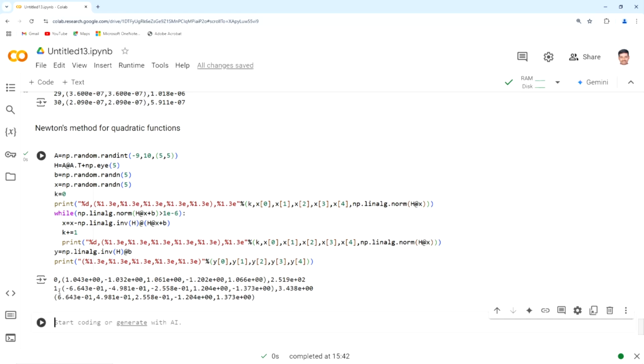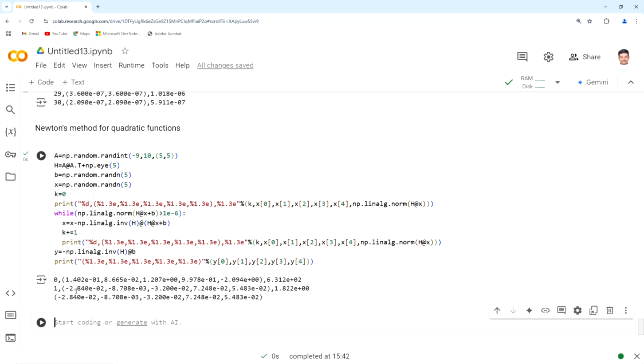Just to show you that the answers are, I think I should have written minus H inverse, now I am getting the negative, yes, this is minus.